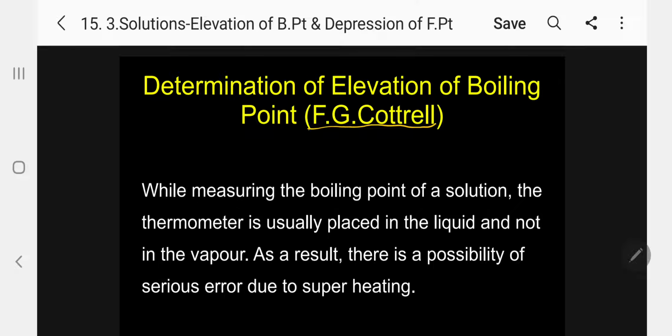Cottrell method: determination of elevation of boiling point. While measuring the boiling point of any solution, the thermometer is usually placed inside the liquid, and not in the vapor. So in ordinary cases, there is a possibility of serious error due to superheating.